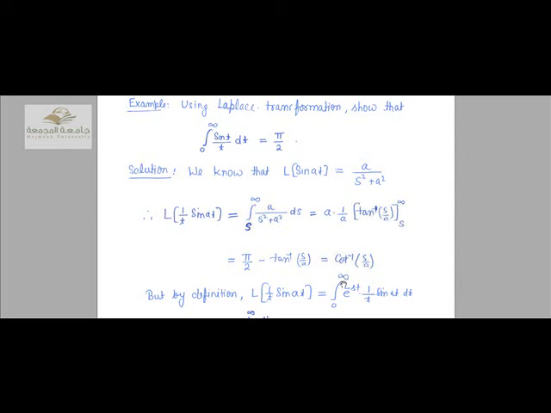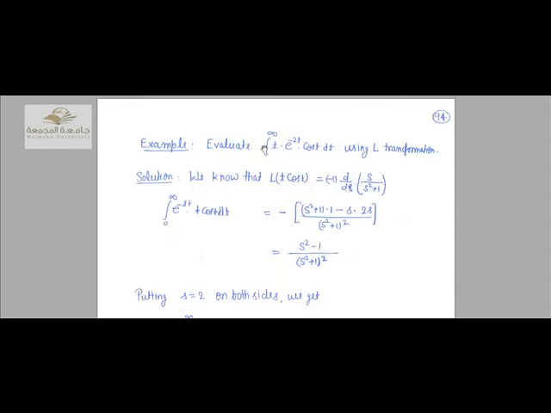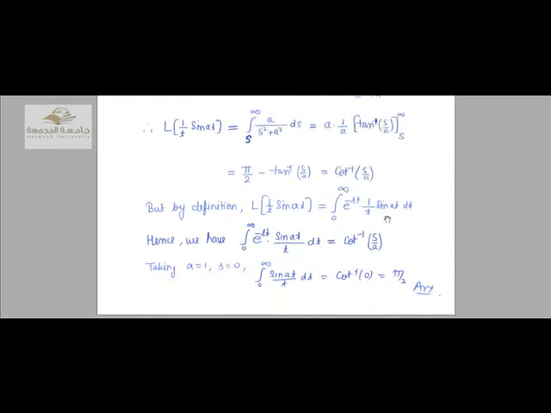But by definition, L of 1 by t sine at is equal to the integral from 0 to infinity of e to the power minus st times 1 by t sine at dt. Hence, we have the integral from 0 to infinity of e to the power minus st sine at over t dt is equal to cot inverse s by a.